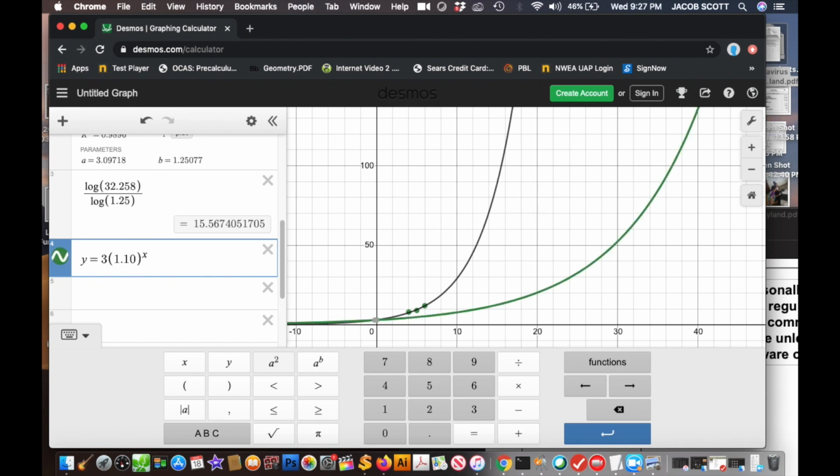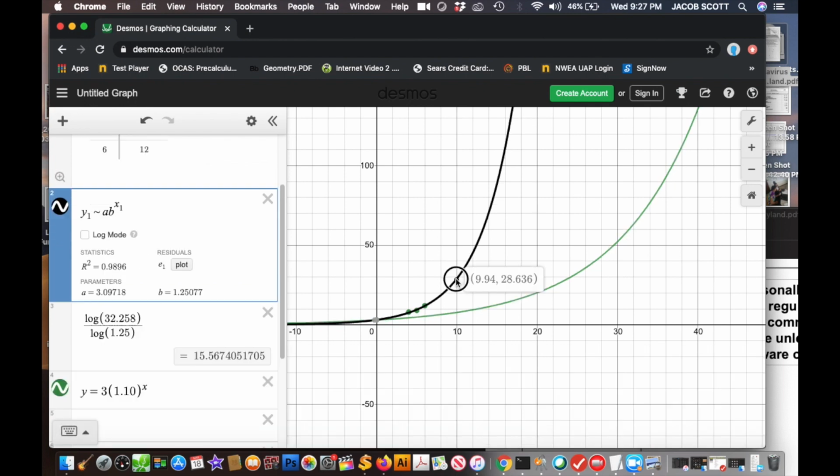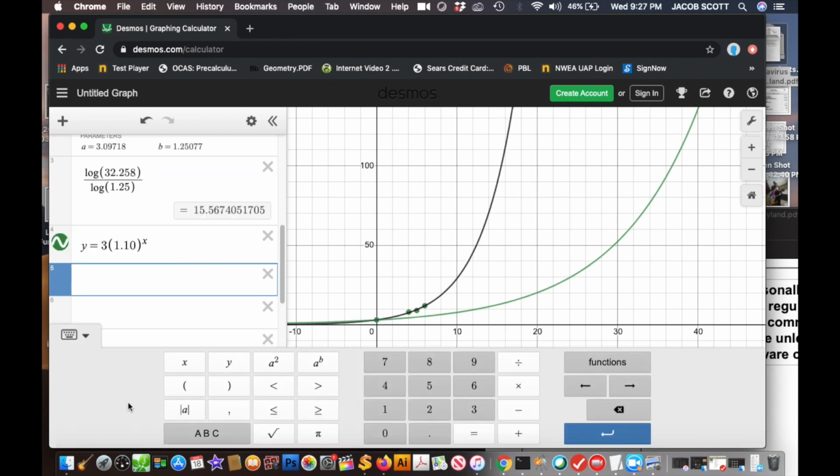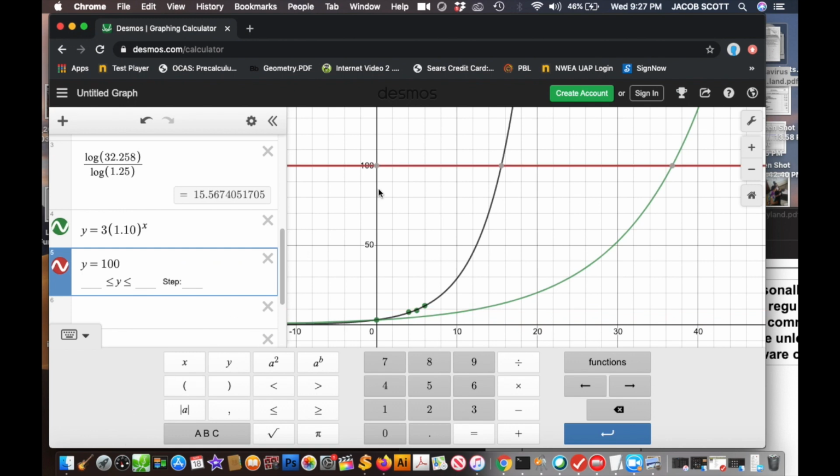Now look at that. Okay, so we were talking about when it would reach 100. Y equals 100, right? Well, it turned out to be 15 days. That's the 20th. Well, in the new model, it would take 36 days.